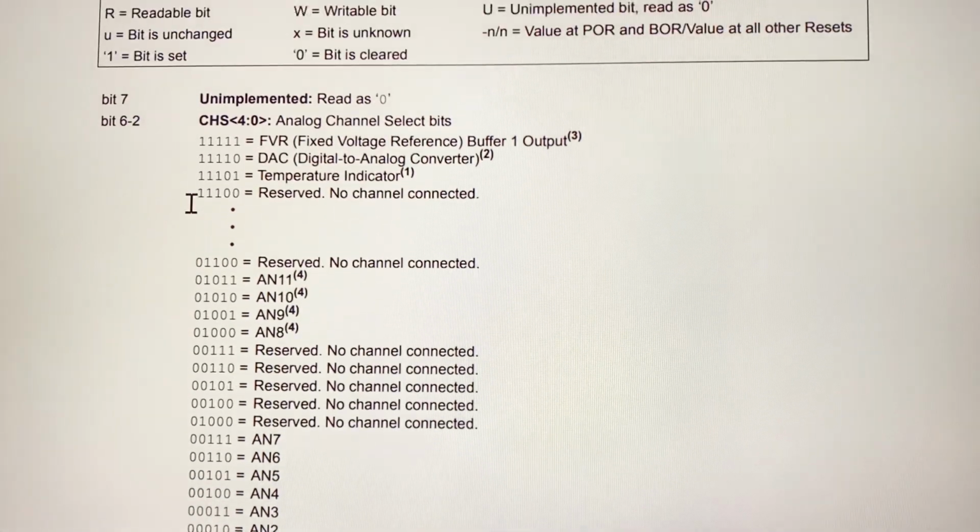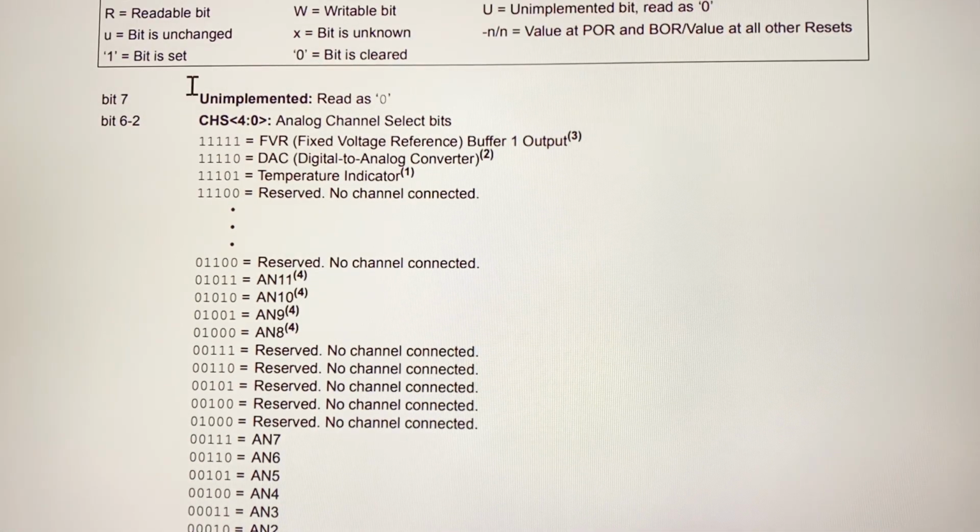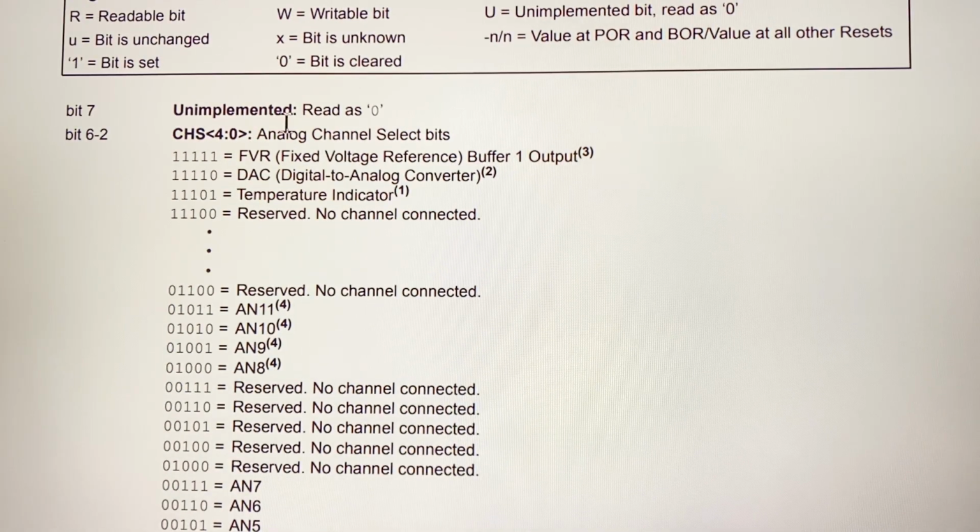And how do you select the channels? They are right here in this register, called channel selection bits 4 through 0. So there are 5 bits, and according to the bit selection that you do here, notice that you have all these different selections.